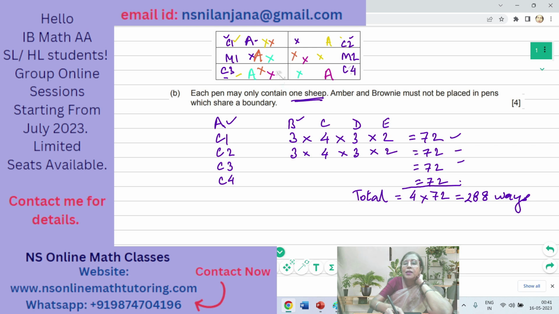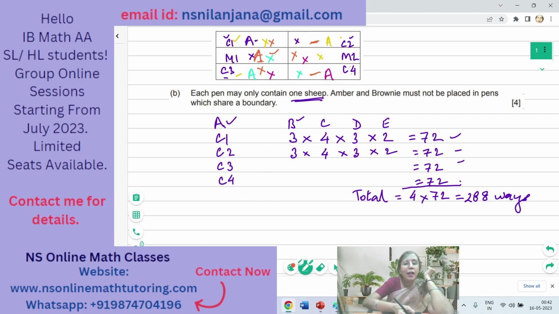Brownie cannot be placed in this pen because these 3 pens are sharing common boundaries with this pen, the middle 1 pen. So now Brownie is having only 2 options remaining. When Amber is placed in middle 1 pen, Brownie is having only these 2 pens remaining. Only 2 options remain. Okay.